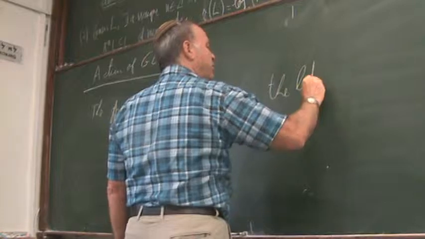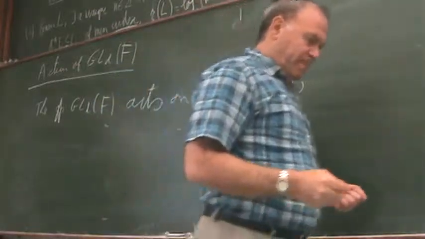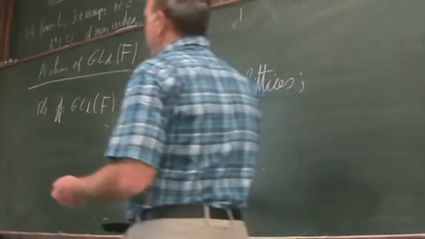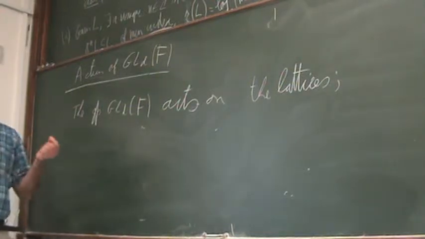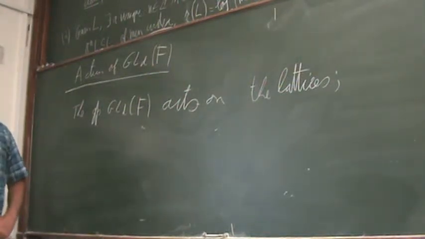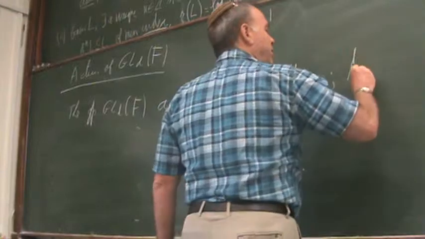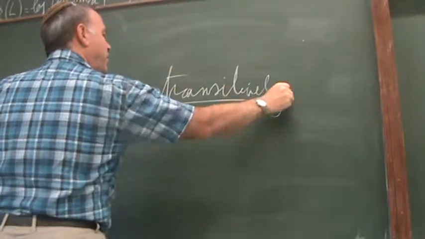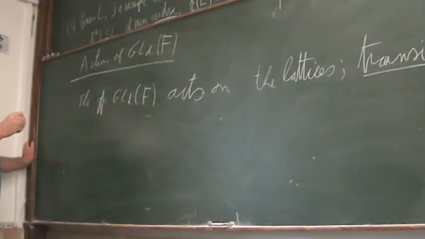Well, let's be careful. First of all, it acts on the lattices. Well, that's clear. We take a matrix, we take a lattice and multiply the lattice by a matrix, and we are getting another lattice, right? We take a basis, we multiply it by a matrix, we get another basis. In fact, it acts transitively. Namely, I can go from every lattice to another lattice by multiplication by an invertible matrix in GL_d, because I can take every basis to every basis by an invertible matrix.